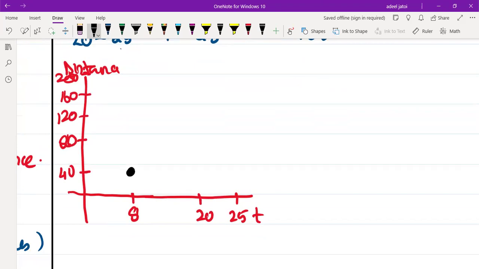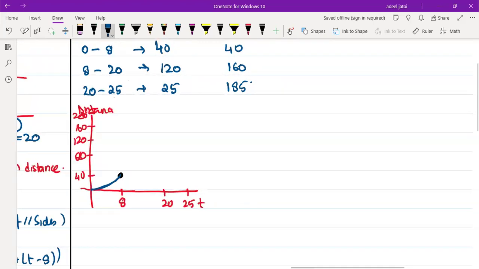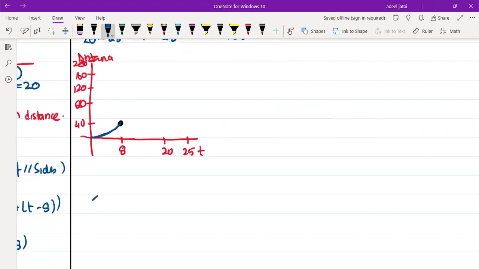Now you need to understand, since acceleration was there and the speed was increasing, that means the distance covered will be in the increasing motion. It will be curve. So when the speed is a straight incline, the distance covered will be the curve.